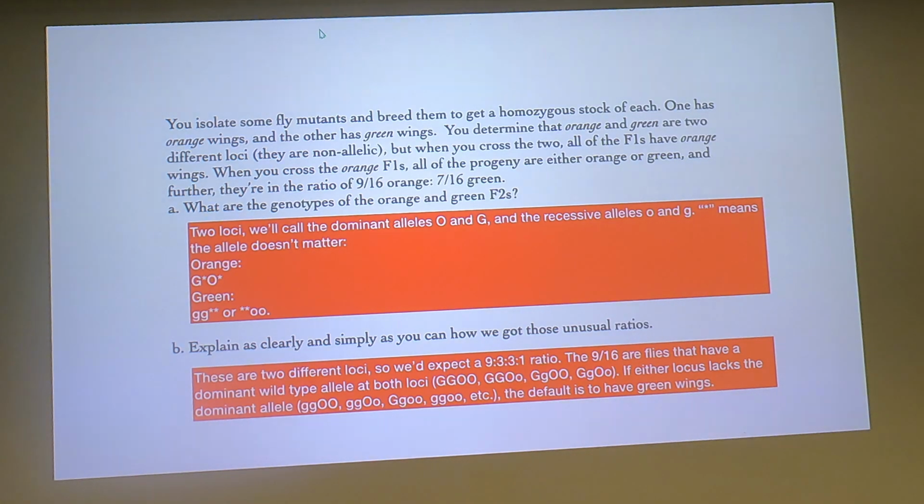Do you have questions? I'm going to give you some more problems like this, so ask me questions. You see how this works? You're just trying to work out which particular combination of alleles gives which color, and lumping things together in a way that makes that 9-to-7 ratio. Yes?